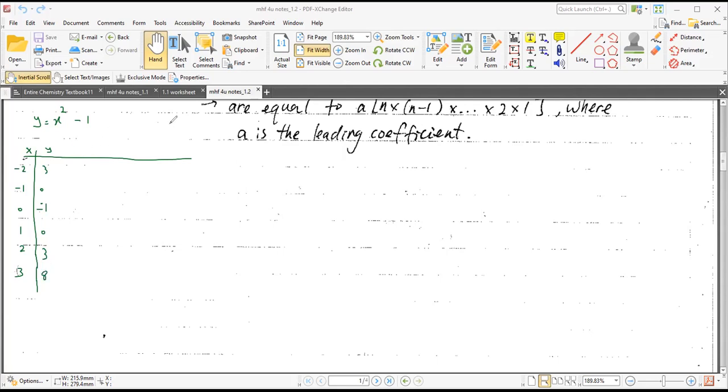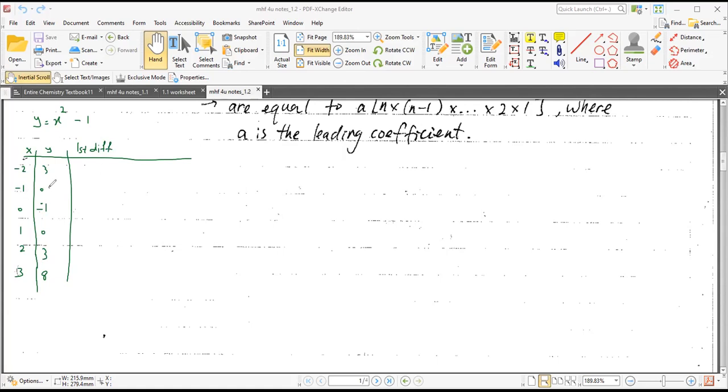Now, I'm going to take the first difference. So what is the first difference? If I say first difference, it means you take these y values and subtract them from each other.